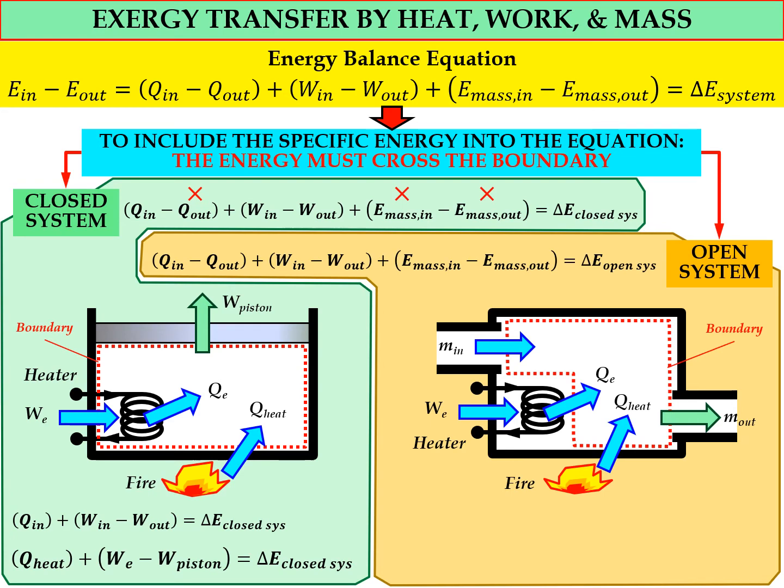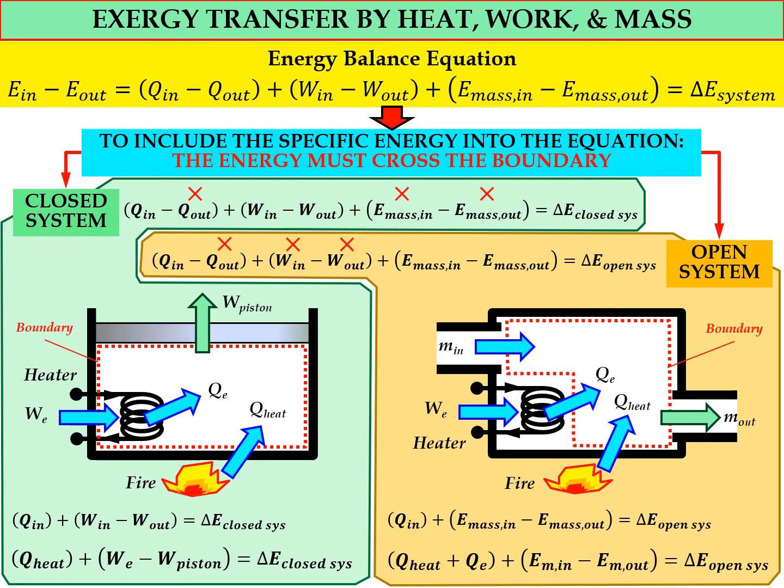So we look again at the energy balance equation. Then we neglect or remove the terms which are not related, which are Q out, work in and out. There is no work in and out in the system, but we have energy or mass in and mass out in the open system. By simplifying this energy balance equation, you get this equation where Q in plus, in the bracket, E mass in minus E mass out, is equal to the changes of the system.